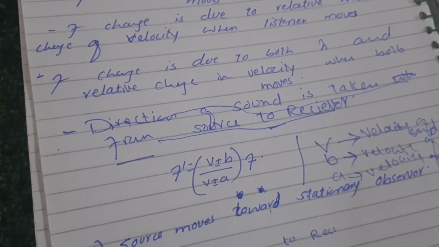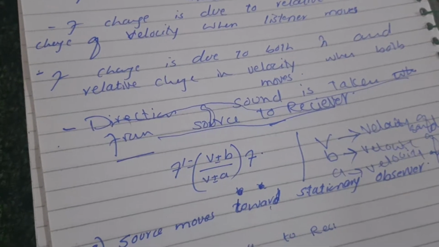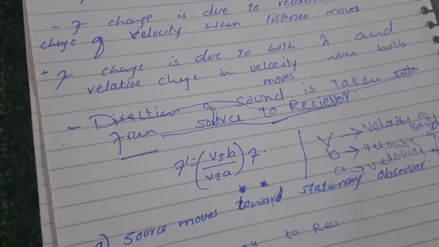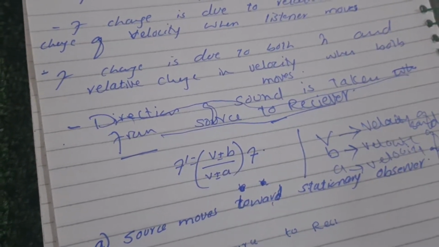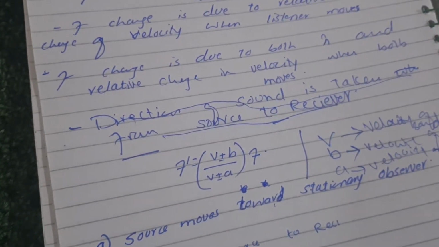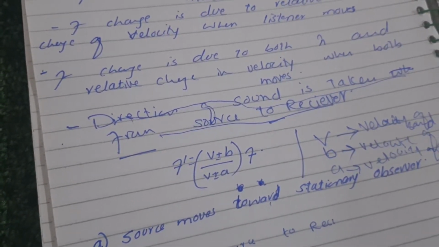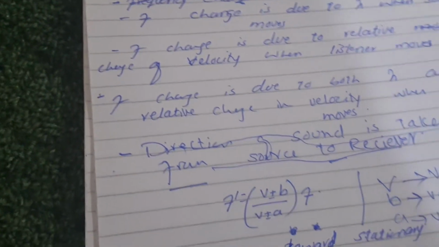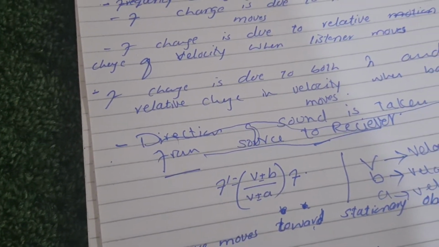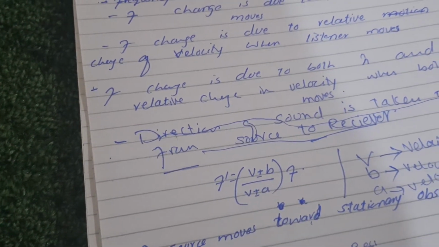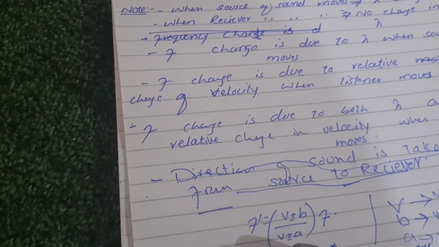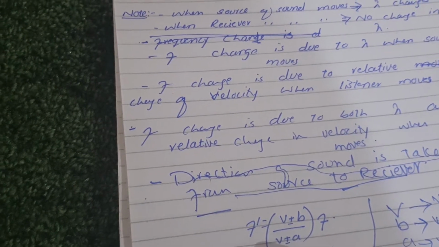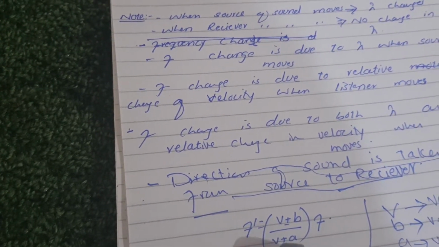So whenever the direction of the velocity of the sound and the direction of the velocity of the receiver is the same, then subtract; otherwise add. So put the minus sign between v and b. And whenever the direction of the velocity of the sound and the direction of the velocity of the source is the same, then put minus sign.